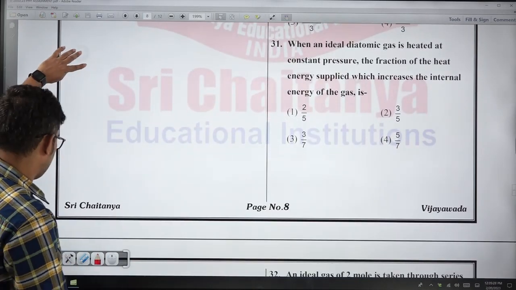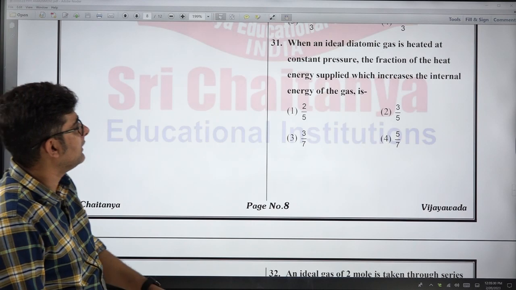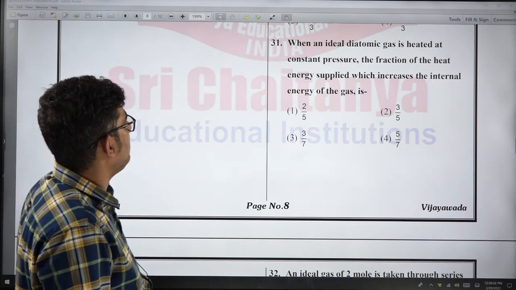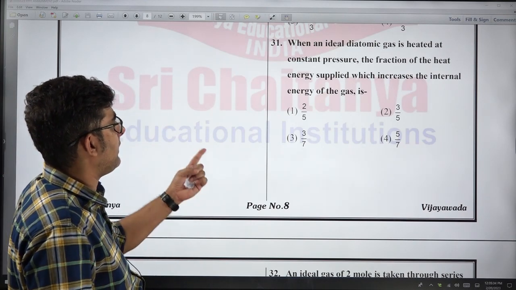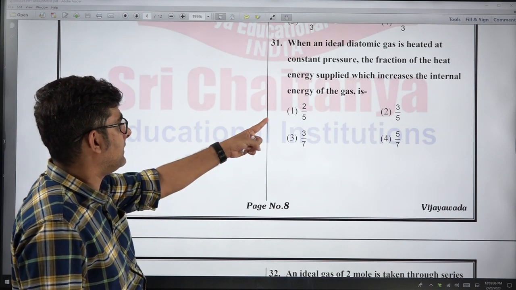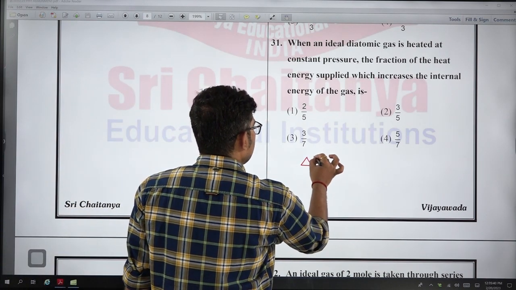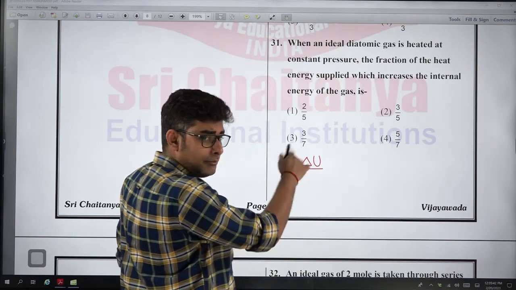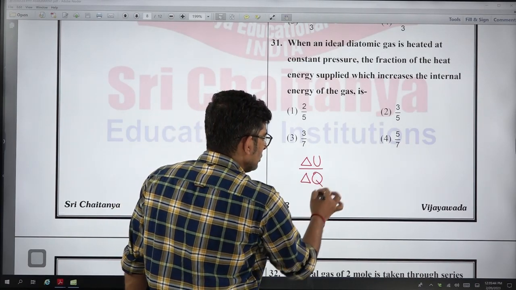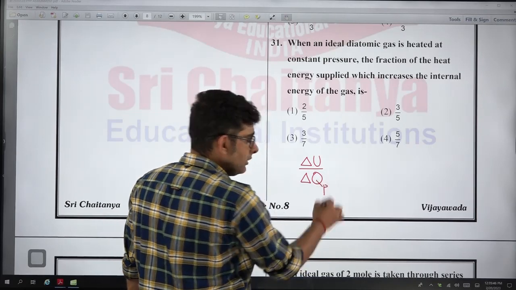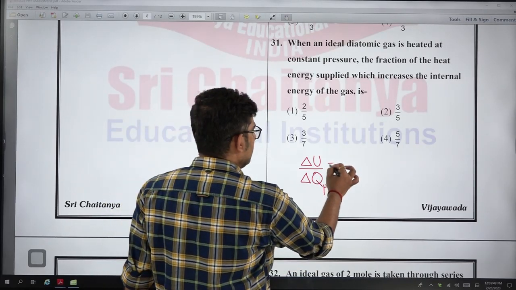Okay. Comes the next one, 31. Ideal diatomic gas is heated at constant pressure. The fraction of heat energy supplied which increases the internal energy. Means they are asking fraction. Fraction means change in internal energy divided by total heat supplied at what value? Constant pressure. This fraction they are asking.